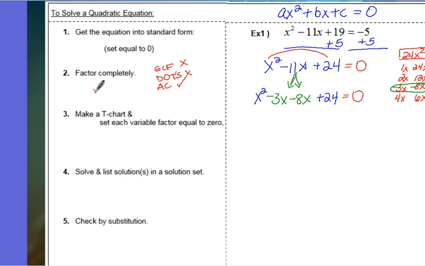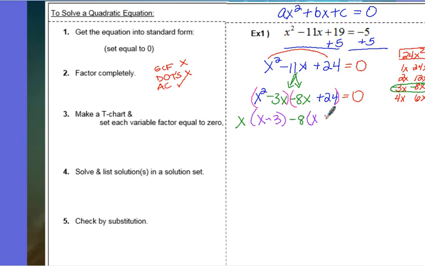I'm still not quite done factoring. I now have to group them and get a GCF from each group. So my GCF here would just be x, and I'm left with x minus 3. My GCF over here, I can divide both terms by 8, but because my leading term in the group is negative, I prefer to take out a negative 8.